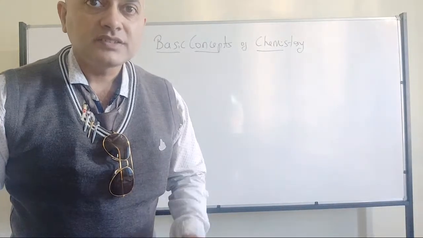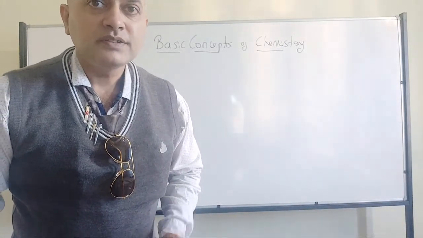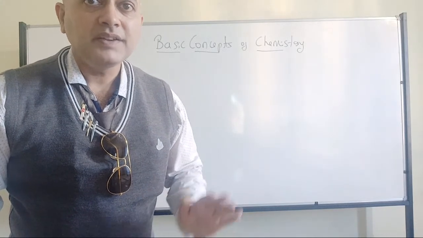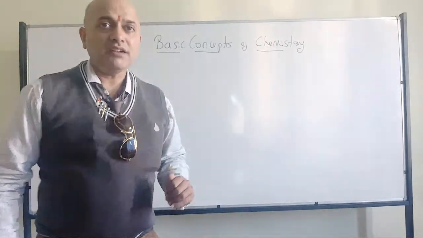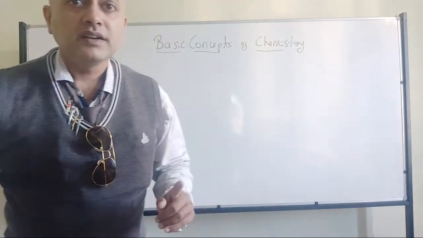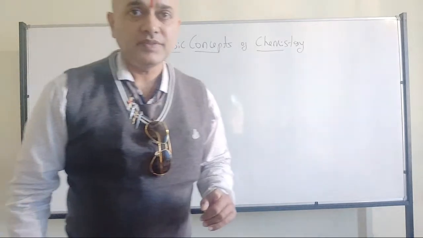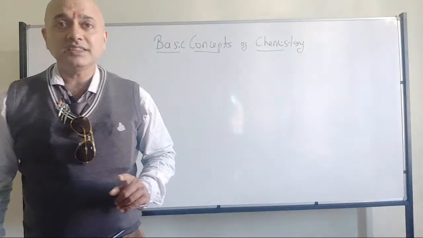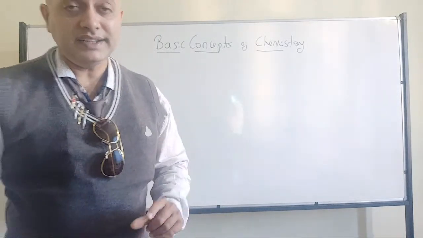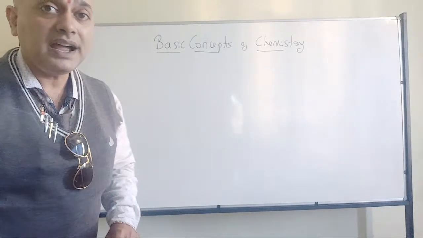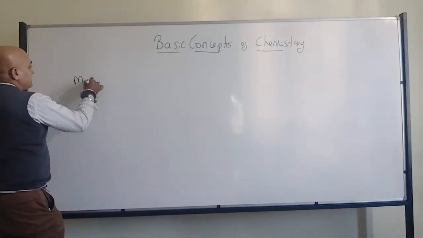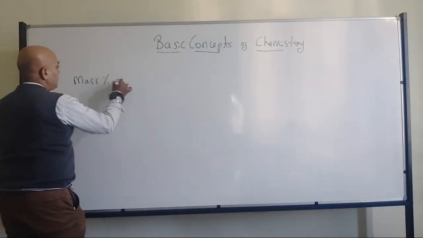So we did that one, right? Mole percentage and mole fraction, we have done in the last class. With respect to mass percentage, it is nothing but the mass of that element in which we are interested divided by total mass multiplied by 100. That is the formula.